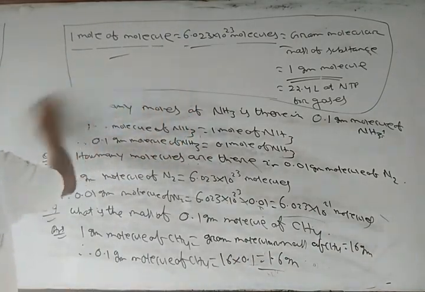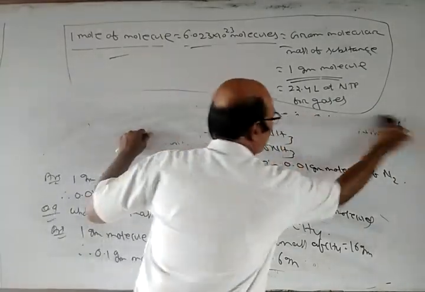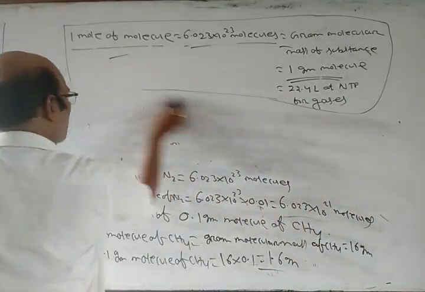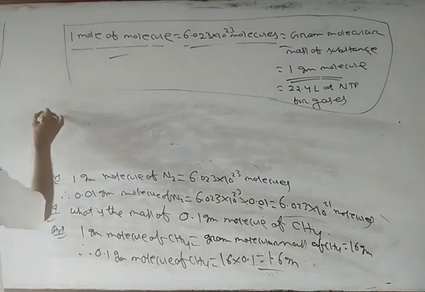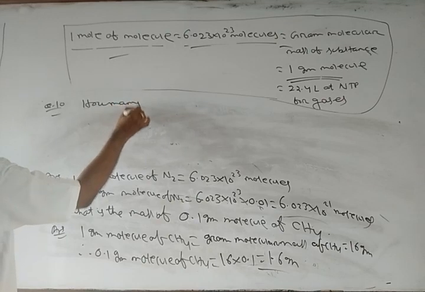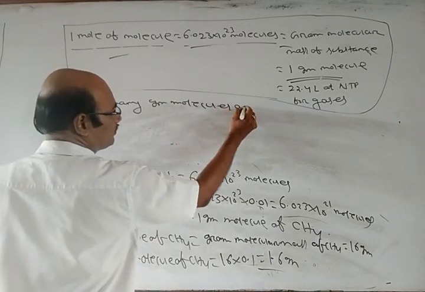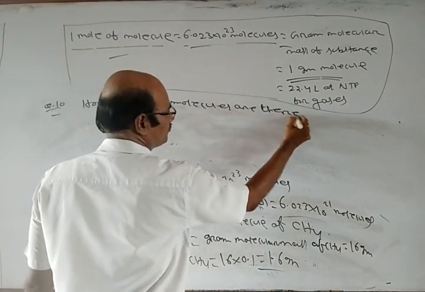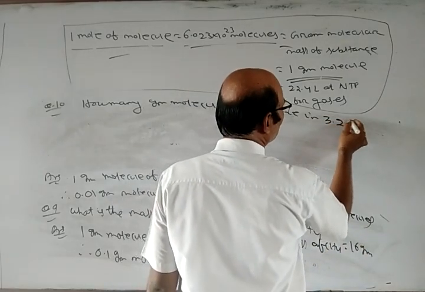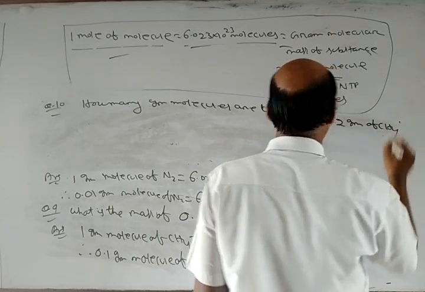Similarly, number 10. How many gram molecules are there in 3.2 gram of methane?